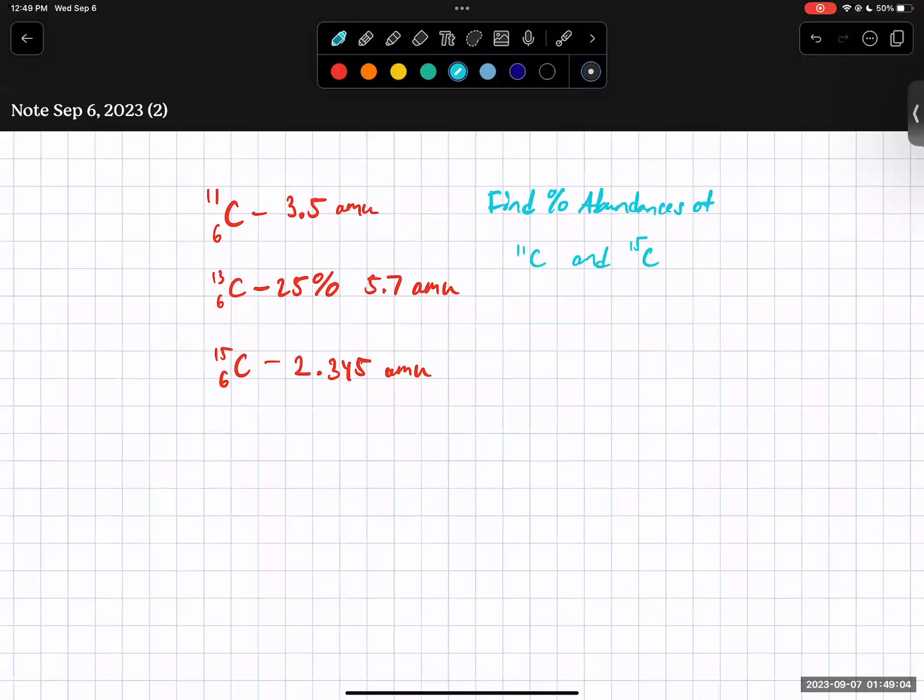Yeah, it's like this, of all the mass times the percent. And then you just. All right, how about y'all work together, just for like 5 minutes.